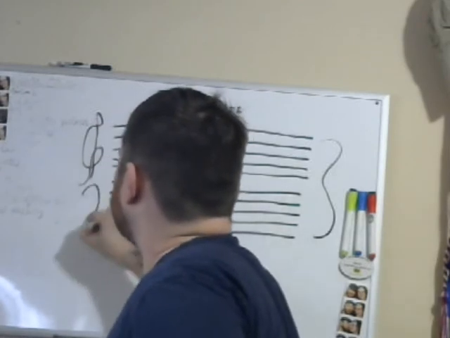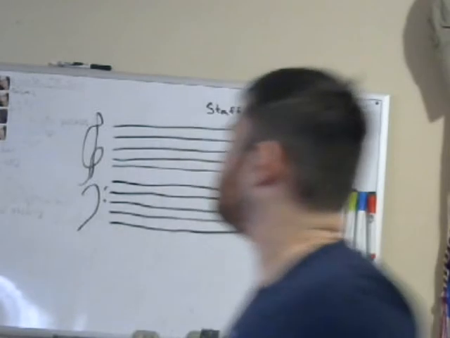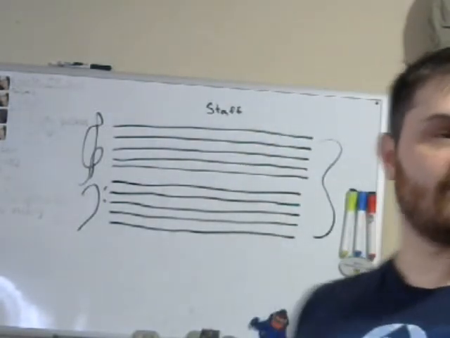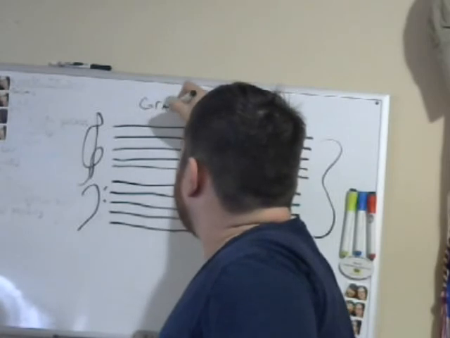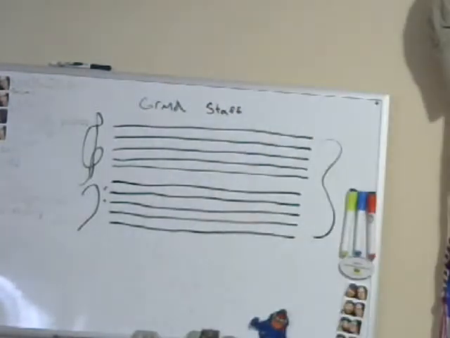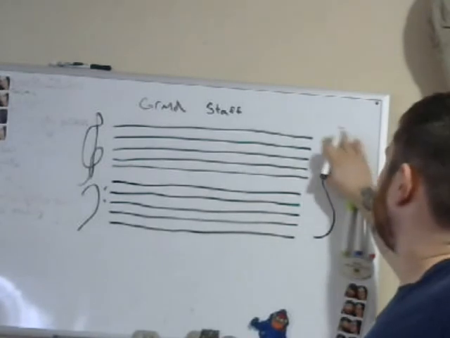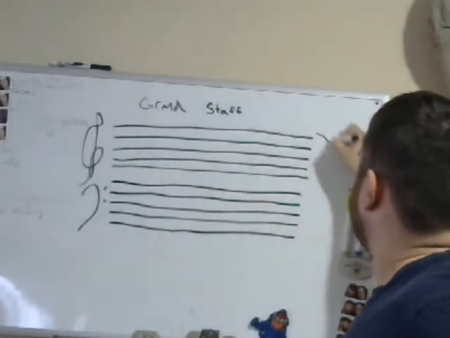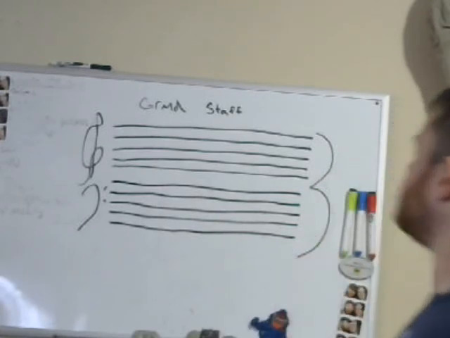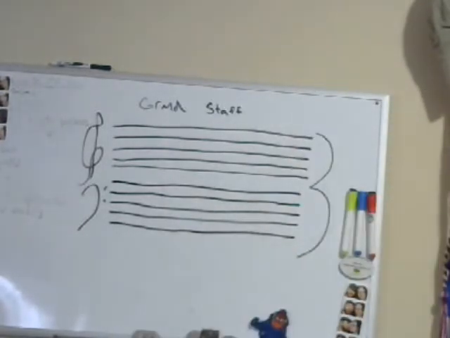And then you'll see your bass clef down there. This is what's called a grand staff. When in music it shows these two staffs together with some notes on it, that's called a grand staff.